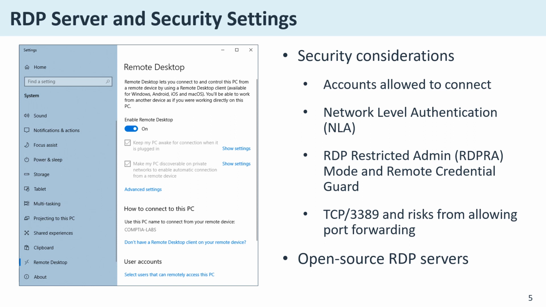The RDP server and security settings, again, the security when you enable the RDP protocol can be compromised. You've got to be careful how you connect. Make sure you use strong passwords. Make sure you use a VPN if possible.